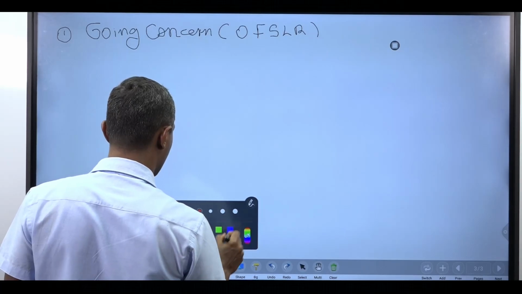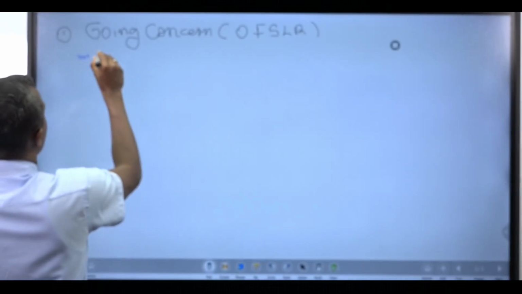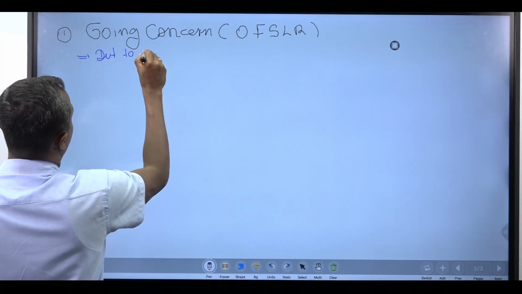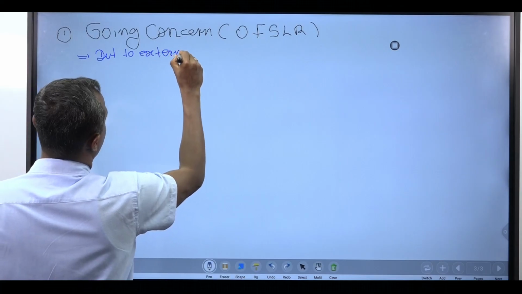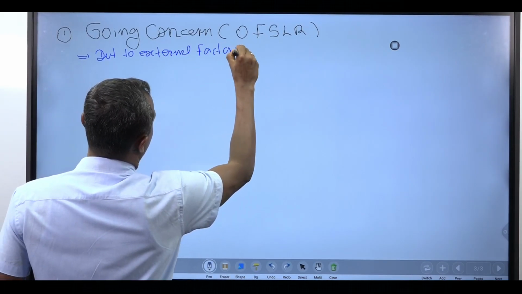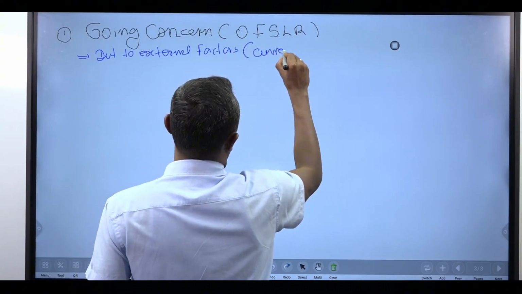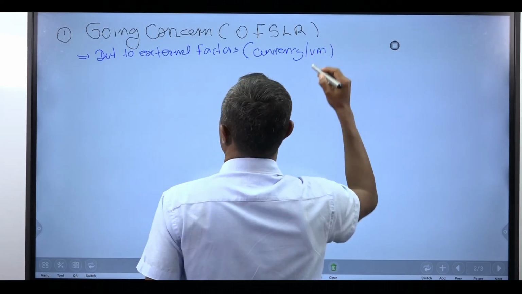Bullet point. Let us use another color, right? Due to external environment, that is currency risk, external factors. You can write within brackets currency, VAT also the challenges.